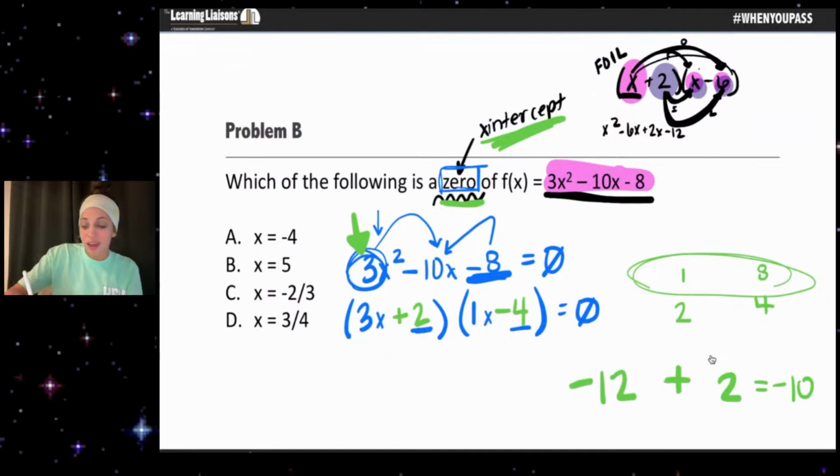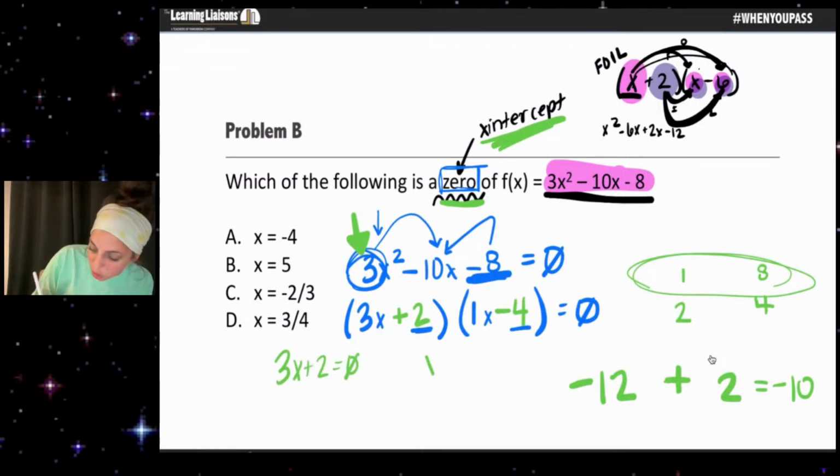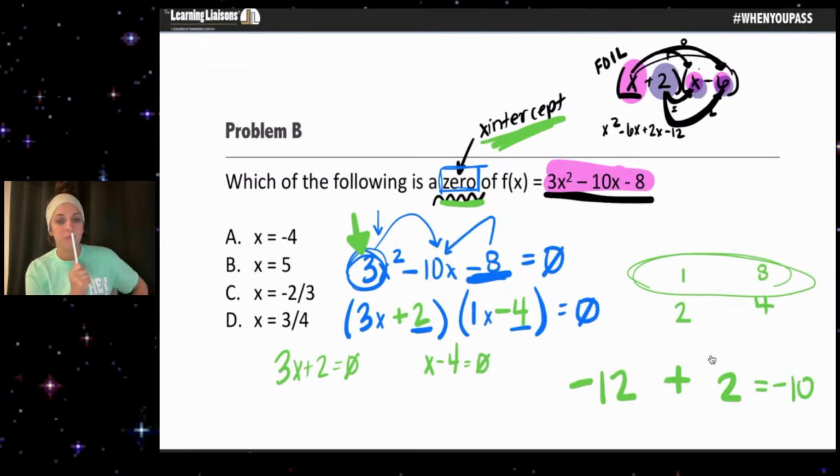Now, we're still not done because these are the factors of 3x squared minus 10x minus 8. These are not the zeros. To find the zeros, I have to do 3x plus 2 equals 0, and I have to do x minus 4 equals 0. Now I just solve for x. This is elementary through high school.